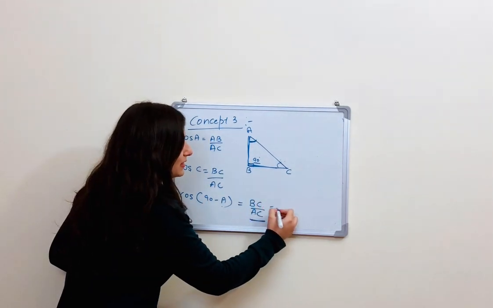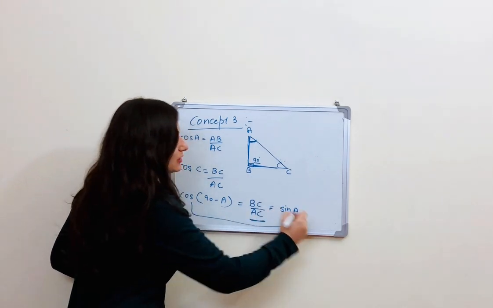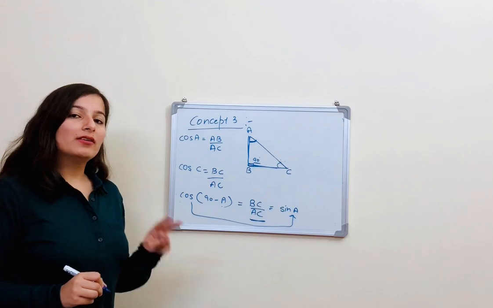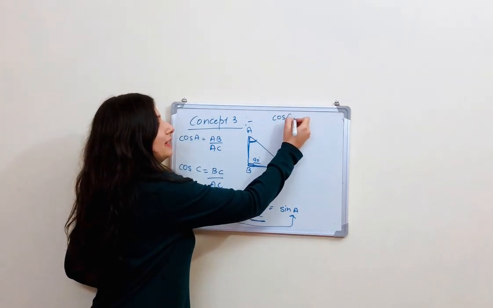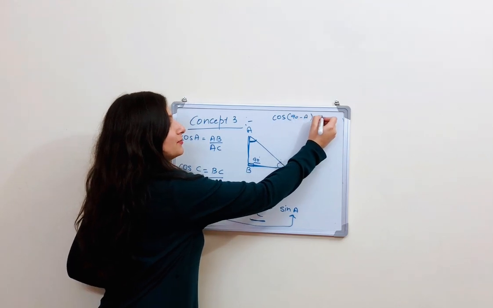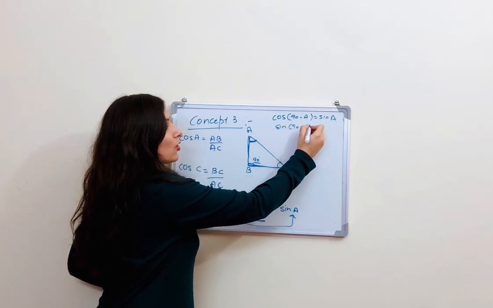And what is this BC upon AC? As we have seen before, it equals sine A. So here we have found two results, that is cos 90 minus A is sine A and sine 90 minus A is cos A.